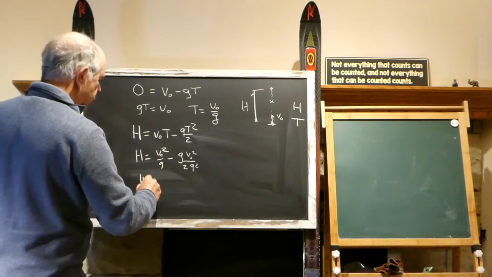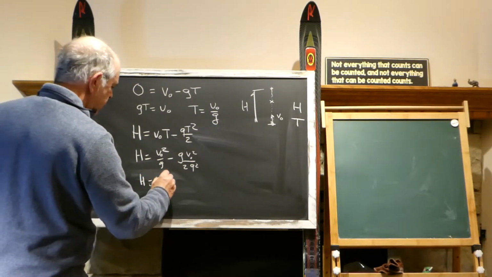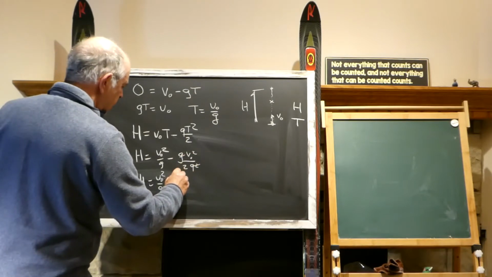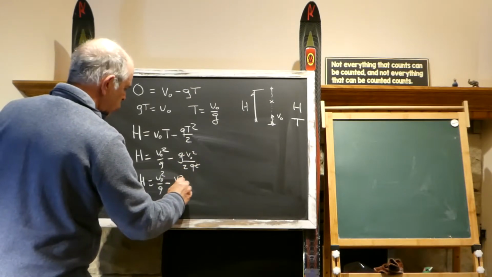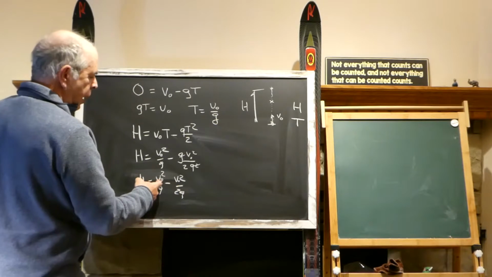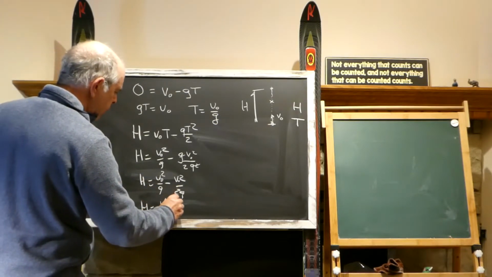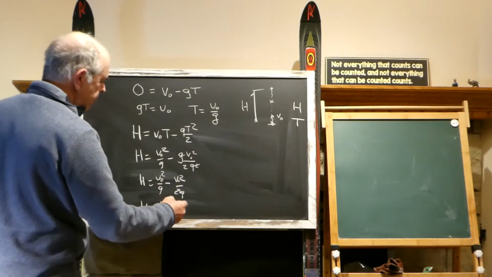And so h would become v0 squared over g minus, g is gone, v0 squared over 2g, one and one half, we have only one half left, h equals v0 squared over 2g.